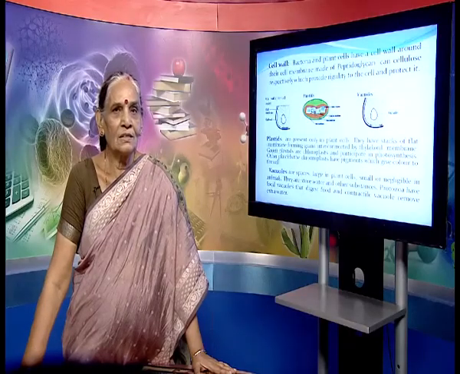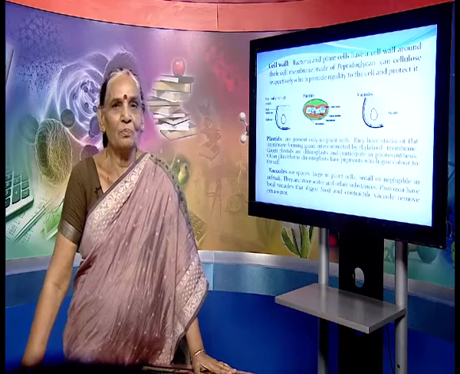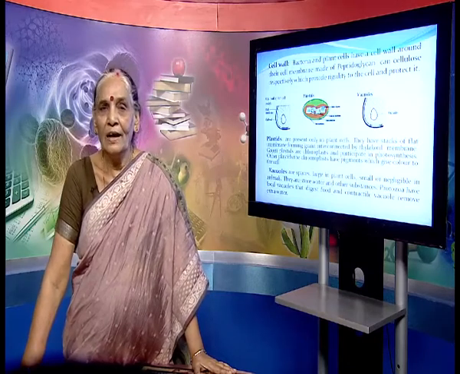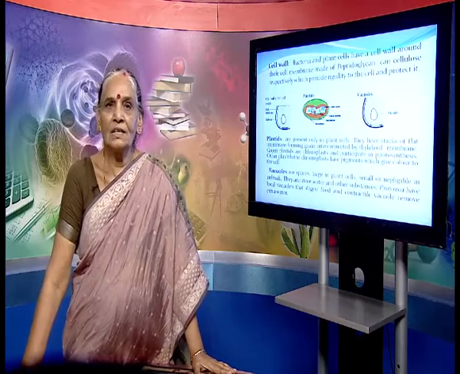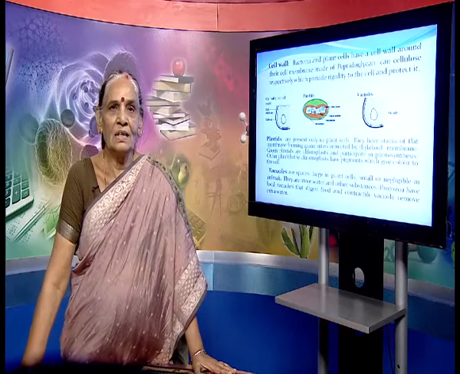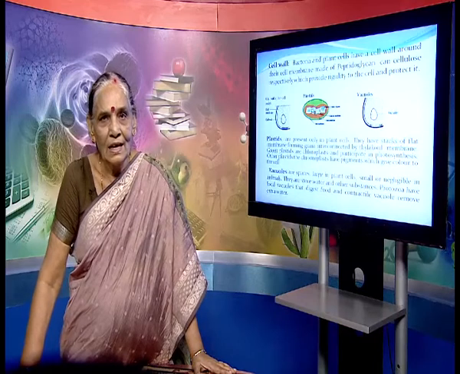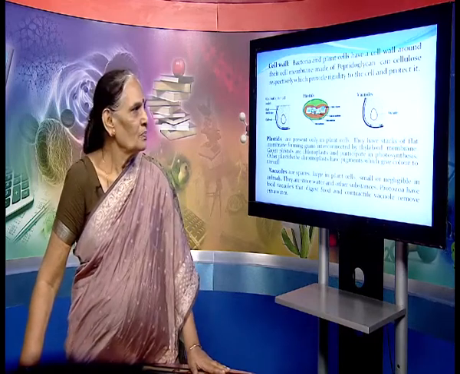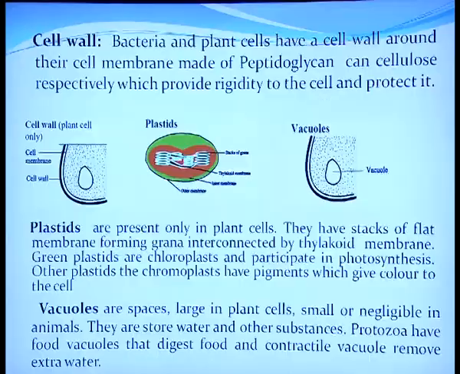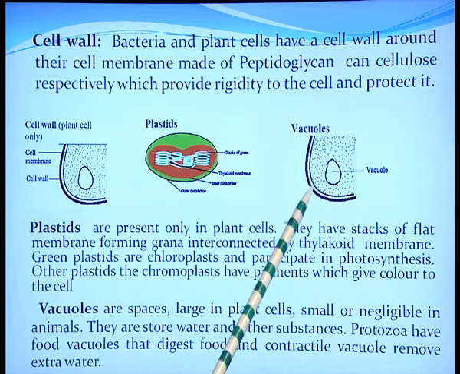Other chromoplasts may give a purple color, a yellow color. In other words, the plastids contain pigments which give different colors to various parts of the plants. And the third part found in plant cells is the vacuoles, which are very small open spaces.